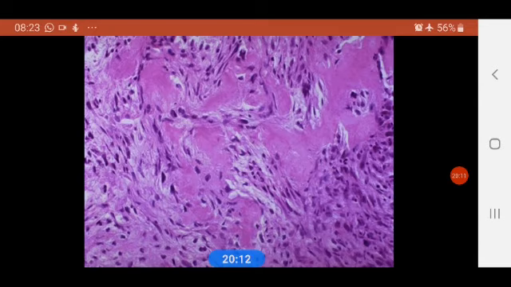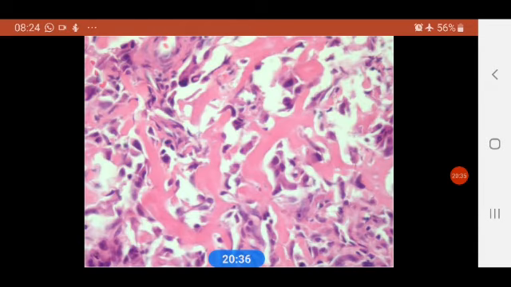And what you see here in the microscopy is called osteogenic. So what is it doing? It's laying down osteoid, and this osteoid is pink, lace like osteoid, and it is surrounded by pleomorphic spindly cells. Why pleomorphic? They have alteration in shape and size. They are hyperchromatic. Can you see here?